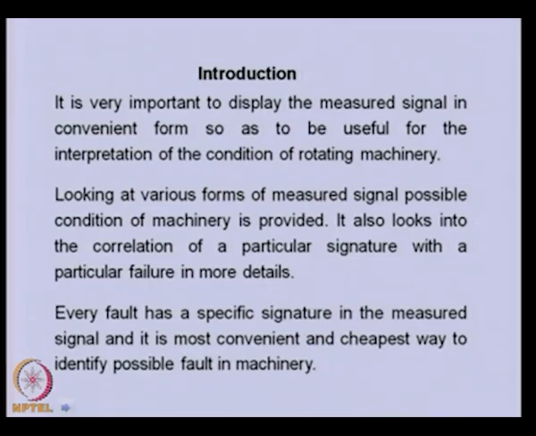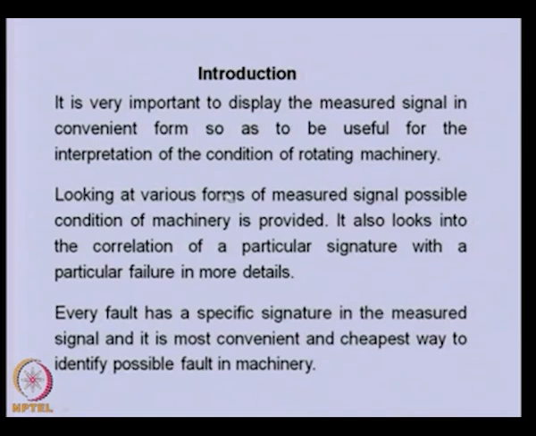It is very important to display the measured signal in a convenient form, so as to be useful for the interpretation of the condition of the rotating machinery. As we go deeper into the lecture, we will find how these signals can give the condition of rotating machinery.